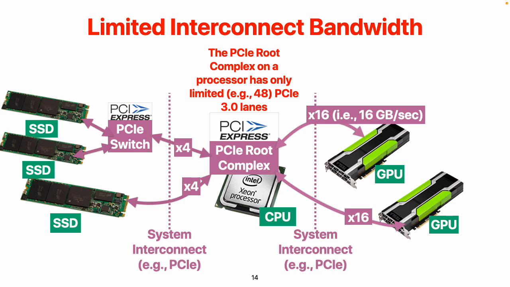Okay, so here's the thing. The only perspective from which I would think this would be helpful is that your PCIe root complex is on the CPU, and everyone is connected to the CPU.